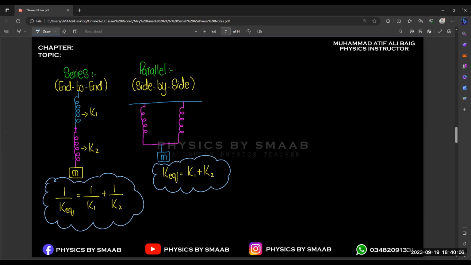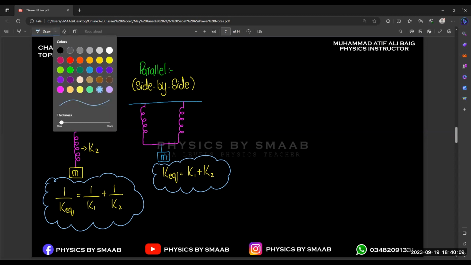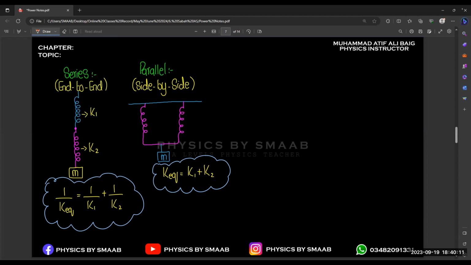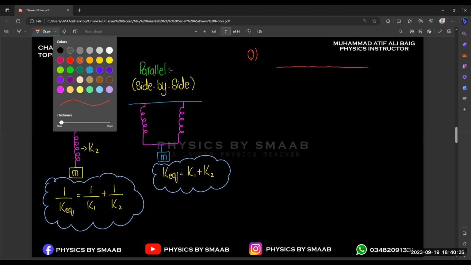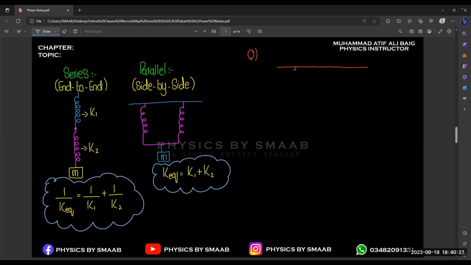And let's suppose we consider one quick example to test the skill for series and parallel combination of springs. So in the question, you have a certain setup like this. One, two, three. It is going to be k1 plus k2 plus k3 equals k total.